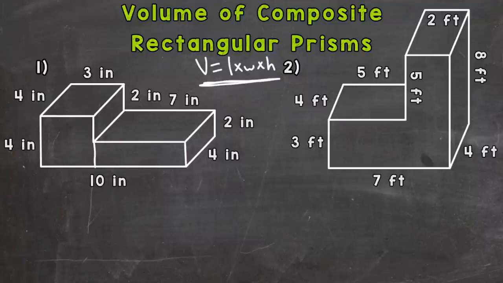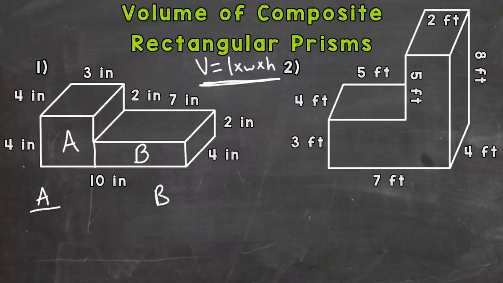I'm going to call the left-hand one A and the right-hand one B. Again, I cut the complex or composite figure into two rectangular prisms. Now what we're going to do is find the volume of A, the volume of B, and add those together. And that's going to give us the volume of the composite rectangular prism. So let's do A first.